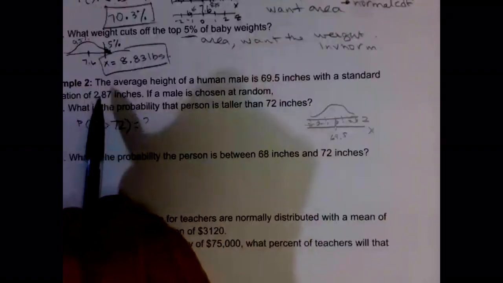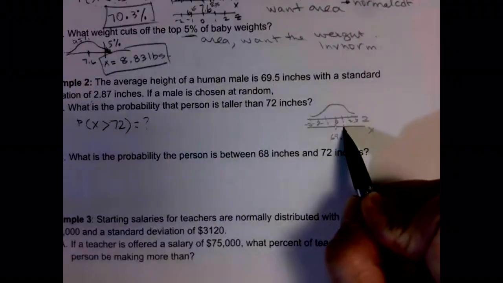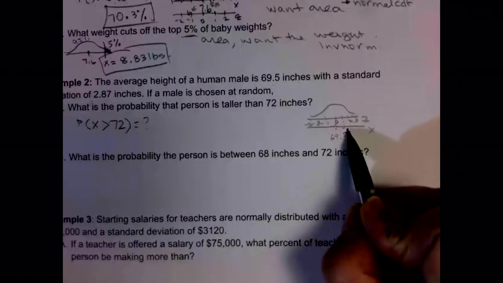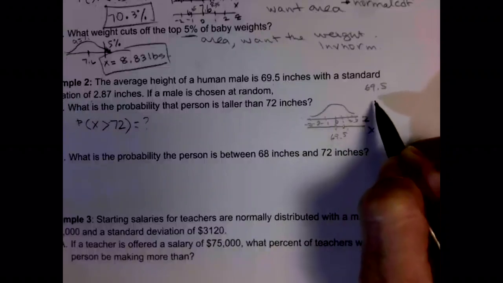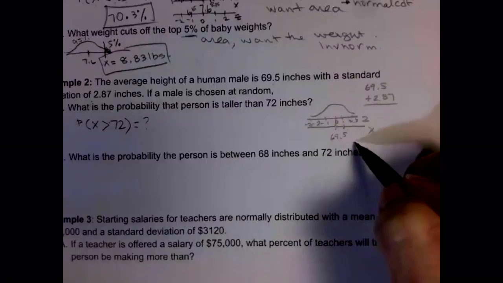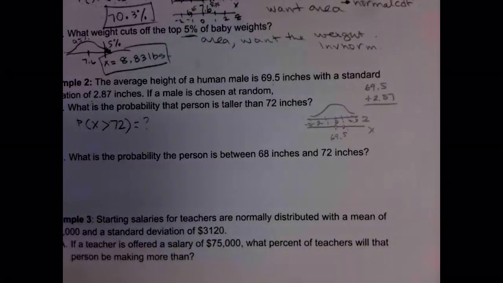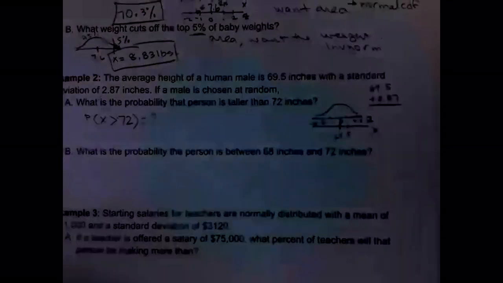This is an odd number, so if I try to add those on, right, my standard deviation above the mean would be 69.5 plus 2.87. You could figure that out. It's just going to be a lot of decimals. I'm going to leave it off because my calculator is going to do that for me. All right, so I do have to move my light so that the calculator shows up.